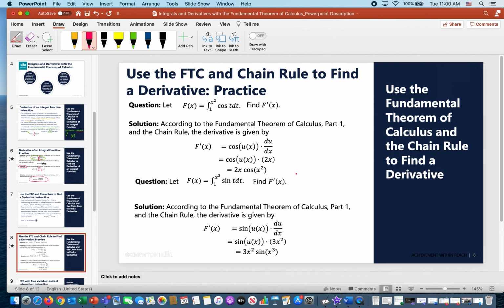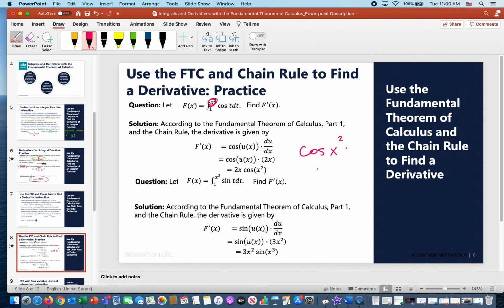One of the things that catches us is when this top integral isn't just an x. Like in this case, we have F of x equal to the integral from 1 to x squared of cosine t dt. So we said that in order to find this derivative, we're just going to replace the t's with what's up here, right? Well, in that case, it would give us cosine of x squared.